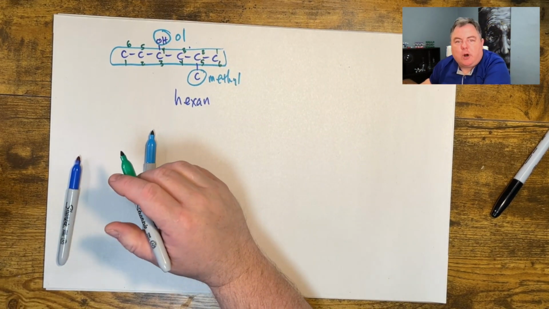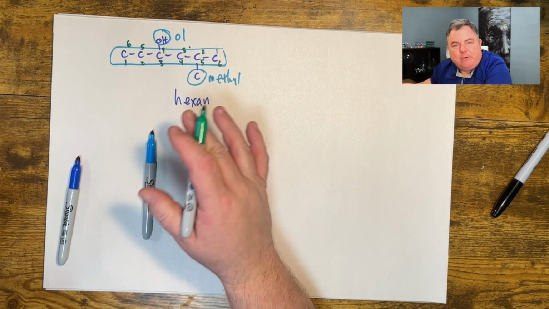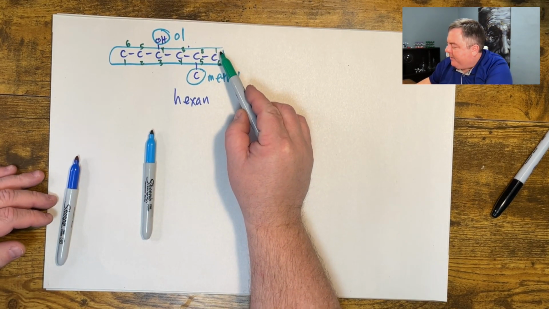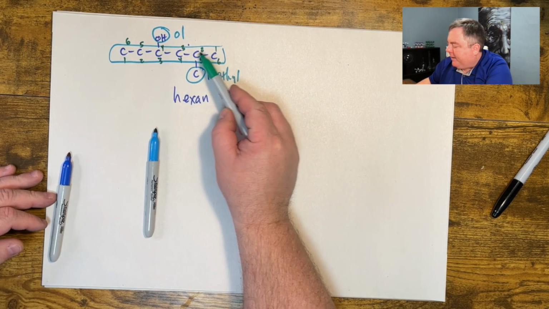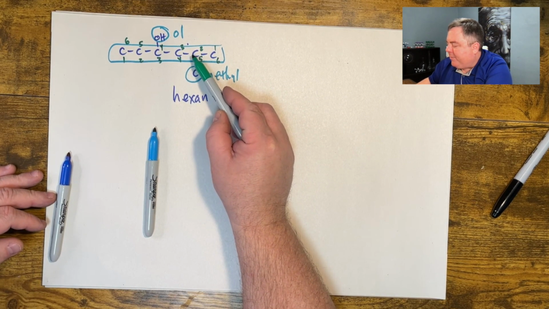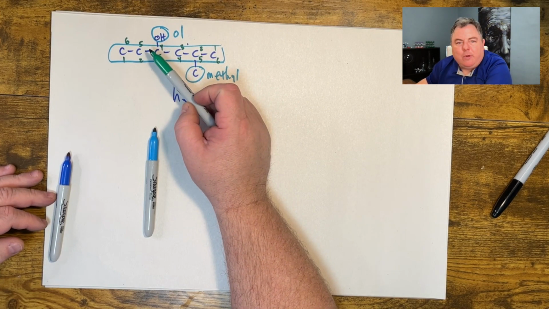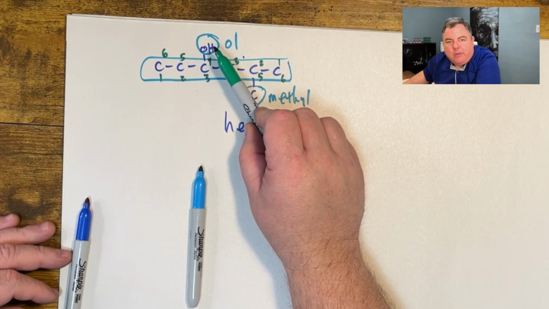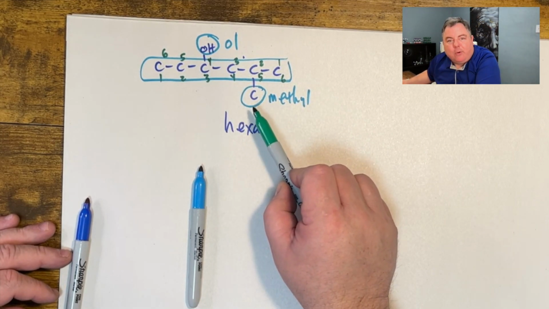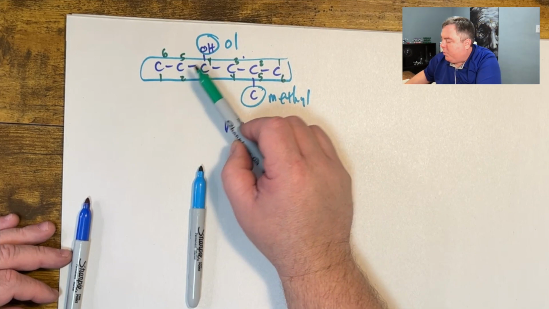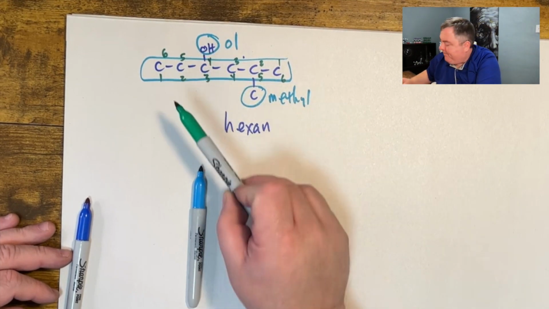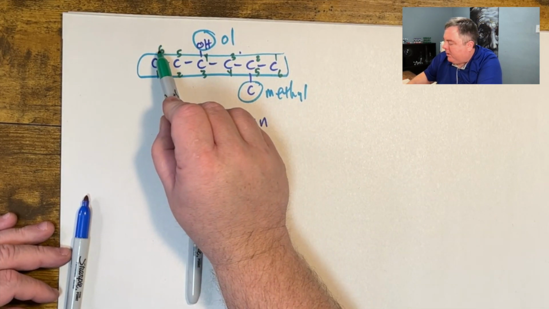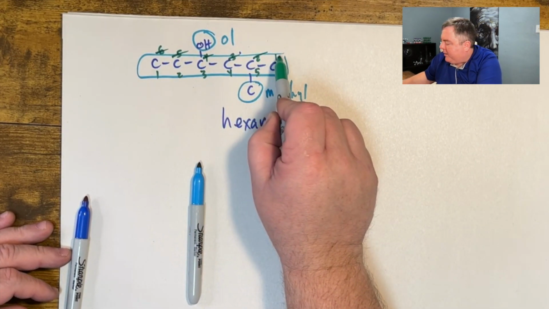And when we named hydrocarbons, we always wanted to find the first low number that we could, and we number that way. That might make us think that we'll number from right to left because we hit something at 2, the methyl's on 2, and the alcohol would be on 4 then. But that's not the way we do alcohols. The alcohol part of the name is more important than the methyl part of the name. So we want the alcohol to have the lowest number. So that means 1, 2, 3 for alcohol or 4 for alcohol. We like those lower numbers better.